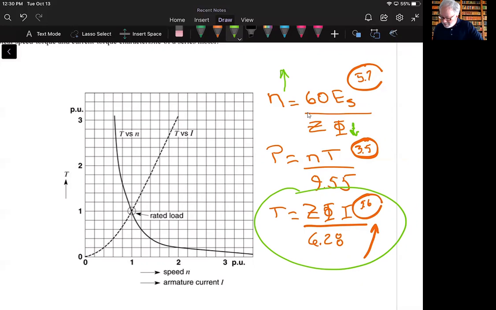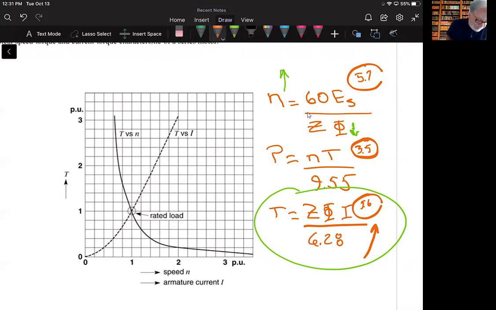If the armature current decreases slightly, it's going to cause the torque to go down. But we were talking specifically here about the effect that a parallel resistor added to a series field has on the speed, right? So we can obviously see what that would do.